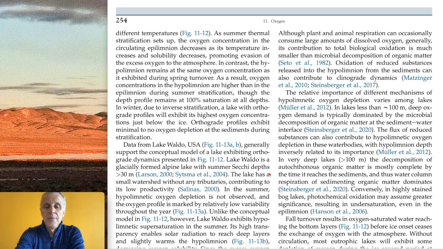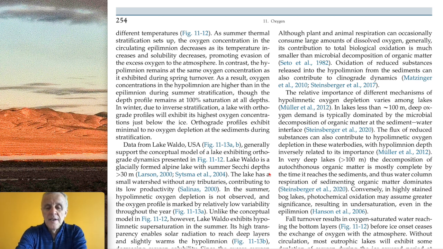In contrast, the hypolimnion remains at the same oxygen concentration as it exhibited during spring turnover. As a result, oxygen concentrations in the hypolimnion are higher than in the epilimnion during summer stratification, though the depth profiles remain at 100% saturation at all depths.